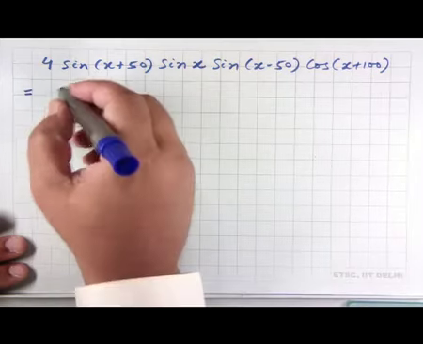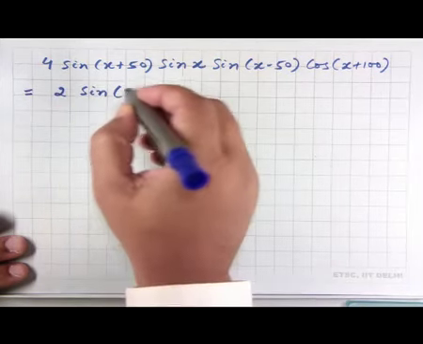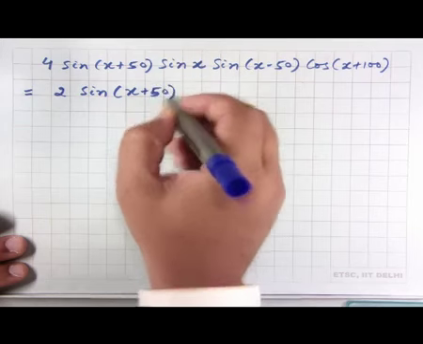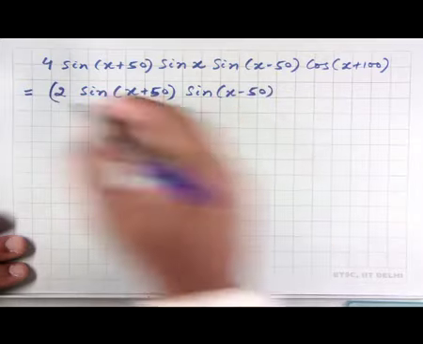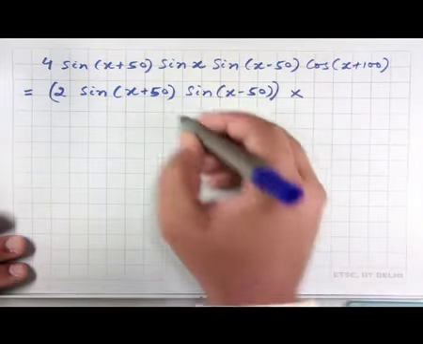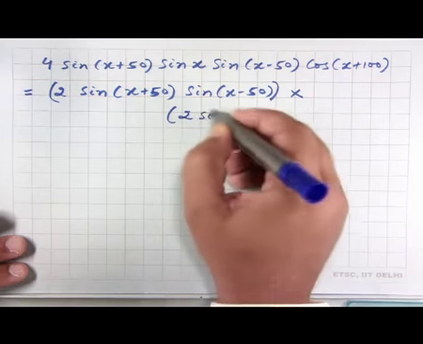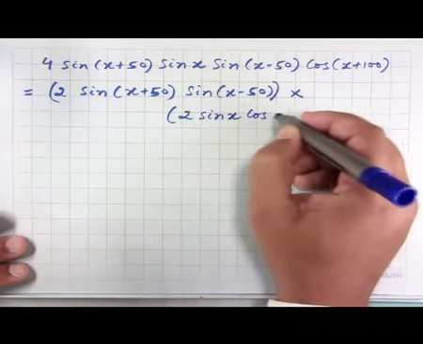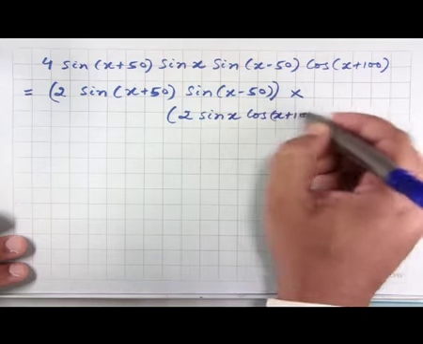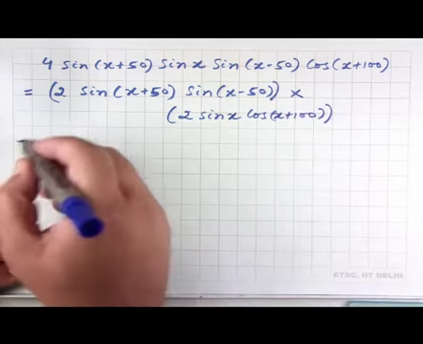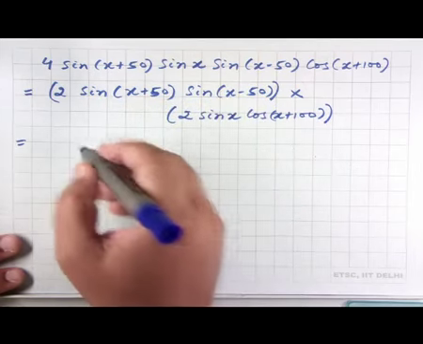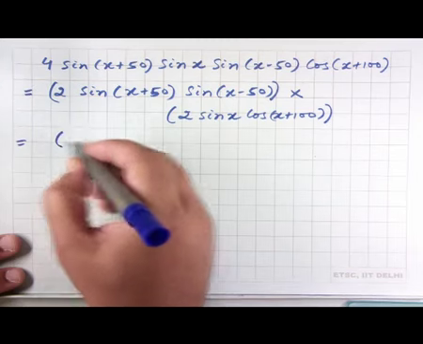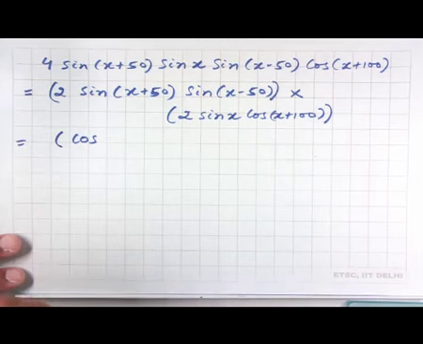So it becomes 2 sin x plus 50 into sin x minus 50 times 2 sin x cos x plus 100. Now, this is of the form 2 sin A sin B, which is equal to cos of A minus B minus cos of A plus B.